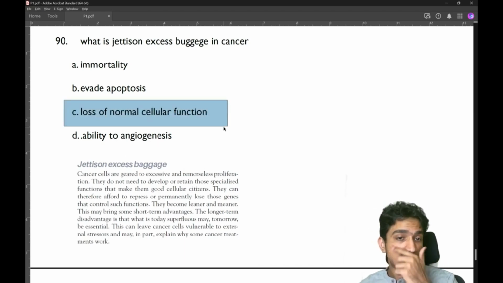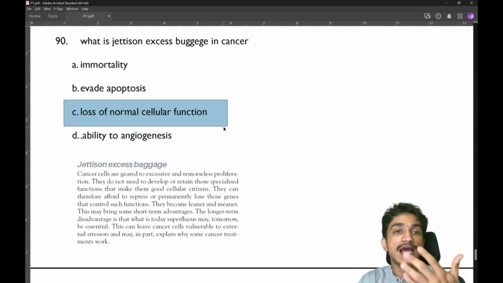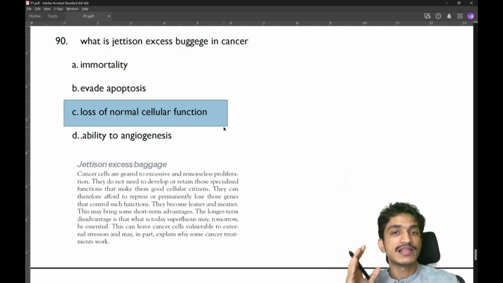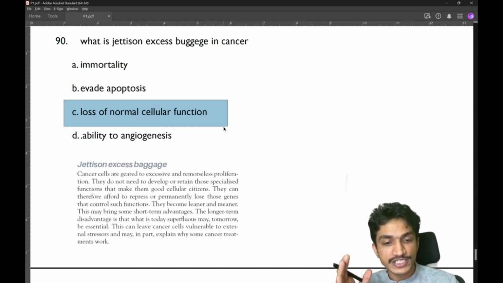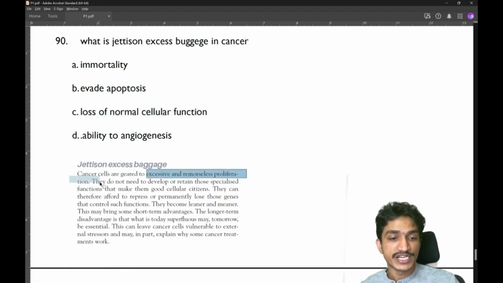So the answer in this scenario is not immortality, evades apoptosis or ability to angiogenesis, but they become leaner and stronger, and they are devoid of any other features or any other effect, and they lose the normal cellular function. So in this scenario, the answer is that jettison excess baggage means they become excessive and remorseless proliferation, and they lose the normal cellular function. Okay.